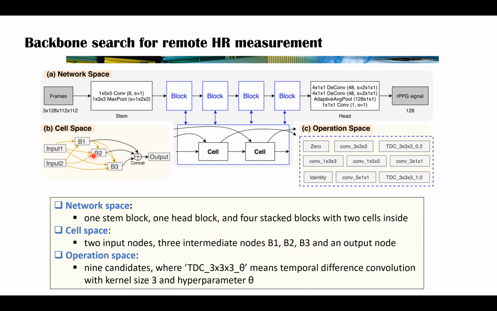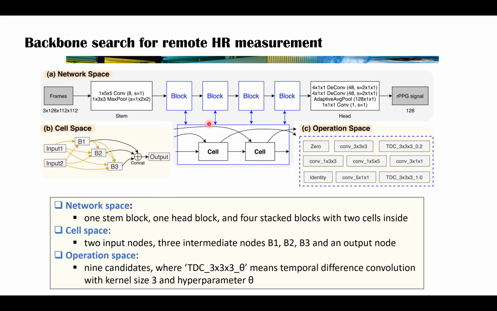Each edge also represents 1 operator. So our goal is to search the operators and which edges should connect to the different nodes. So it will be a very huge search space.